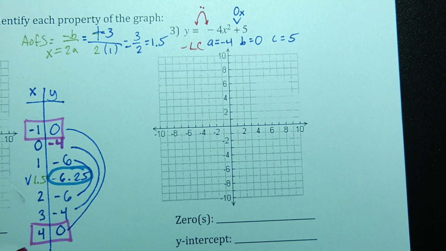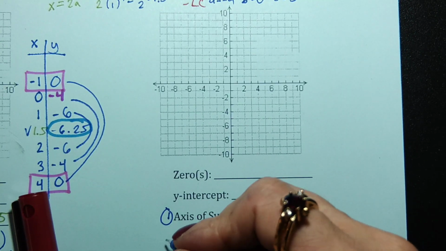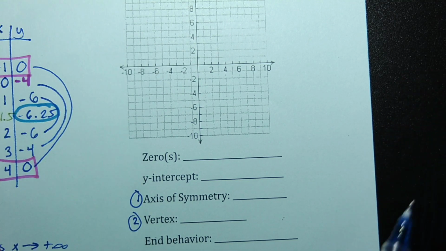With this in mind, I want you to try to find the axis of symmetry, the vertex, and number 3, the table.